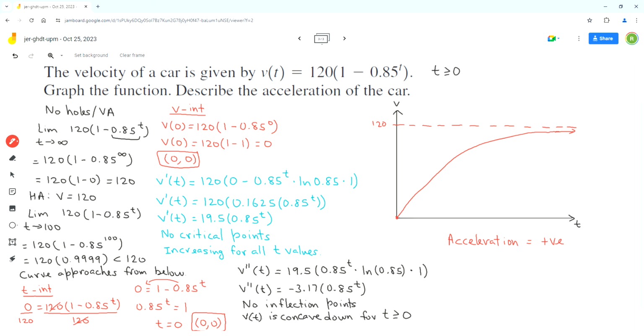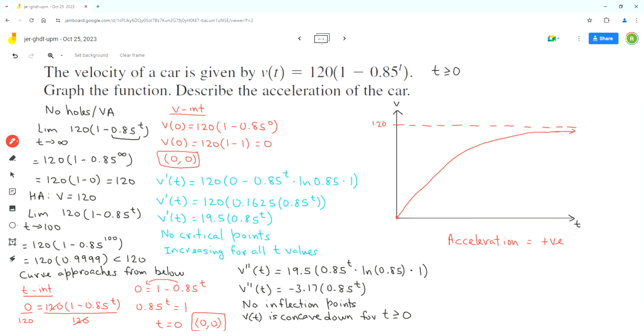Now, as the time increases, the velocity curve approaches the horizontal asymptote and it becomes flat. So it means the acceleration gradually approaches zero on the right side.